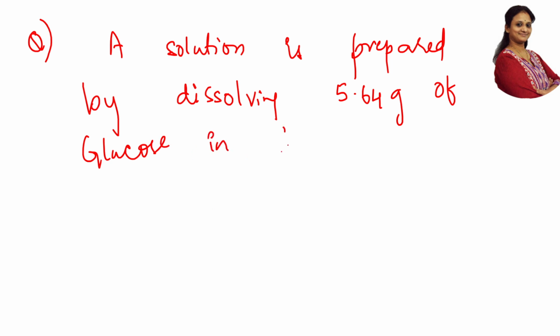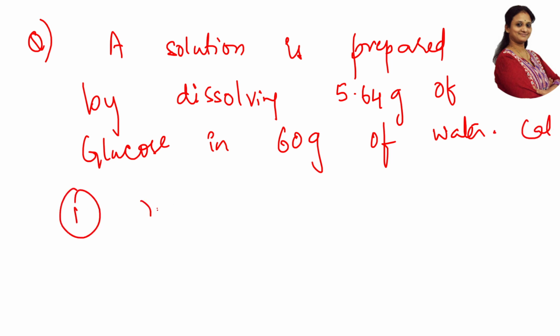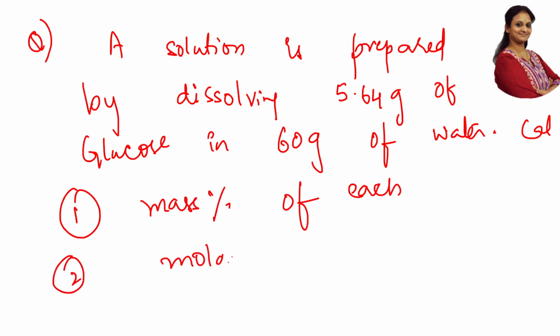In water only they have to dissolve, right? It means glucose, water, or any solvent. Calculate two things they've asked here. First, the mass percentage of each. Mass percentage of each means both of glucose and water. Second, calculate molality of solution. Perfect. So let us take this sum and do it.